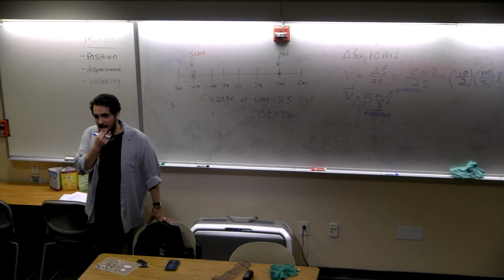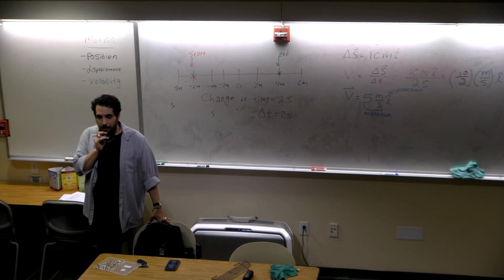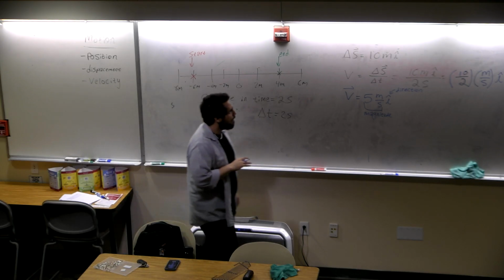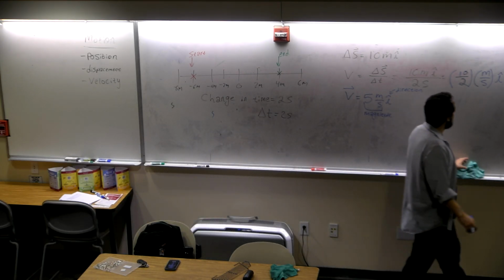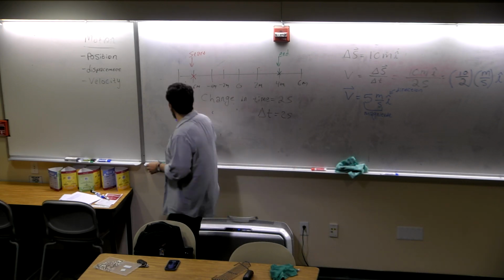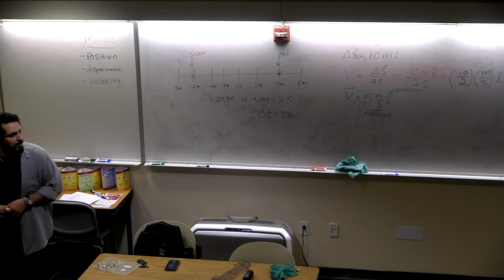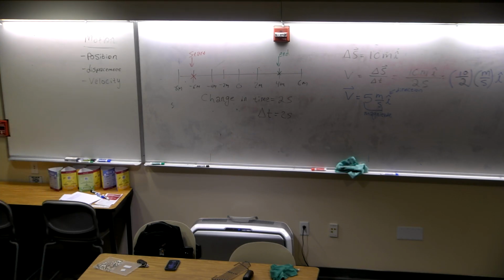If we know that it was at -6 meters when the stopwatch was at 0, and we know it was at 4 meters when the stopwatch was at 2 seconds, my question is, where was our object located when the stopwatch was reading 1 second?